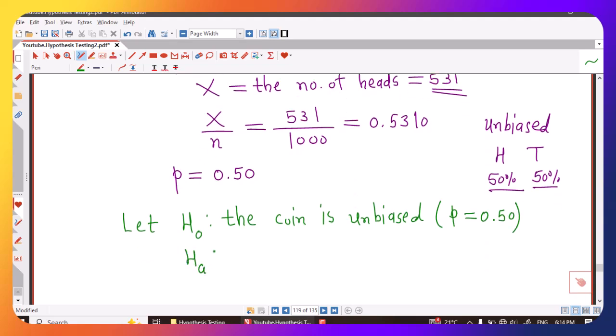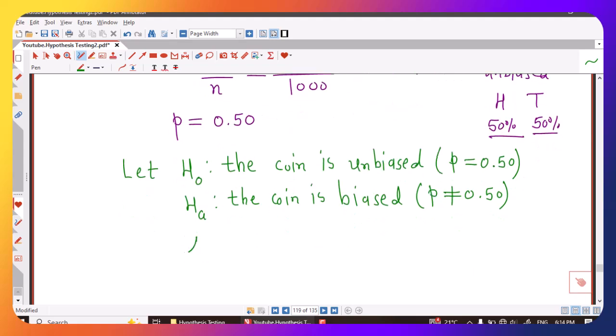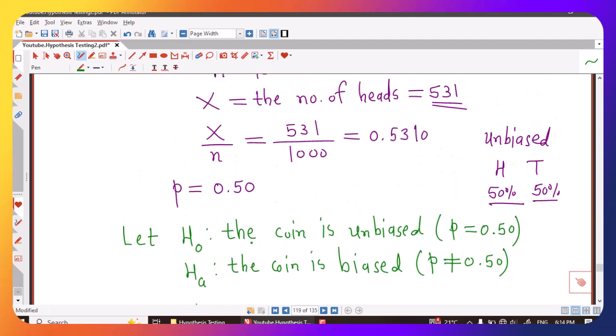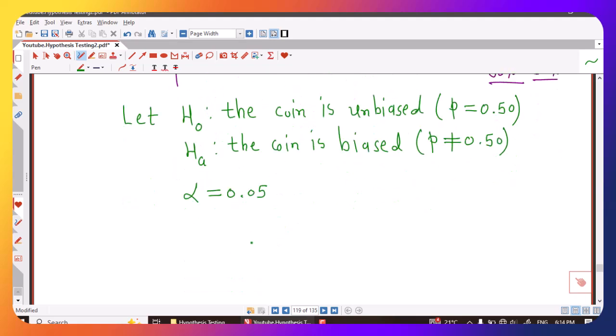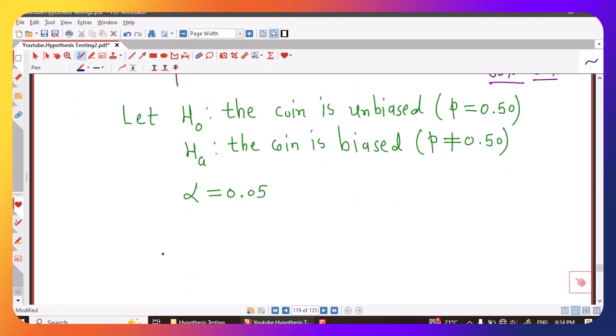The alternative hypothesis is that the coin is biased, that is, the proportion of heads is different from 50%. The level of significance given is 0.05, and we have to check the conditions for applying Z test for population proportion.